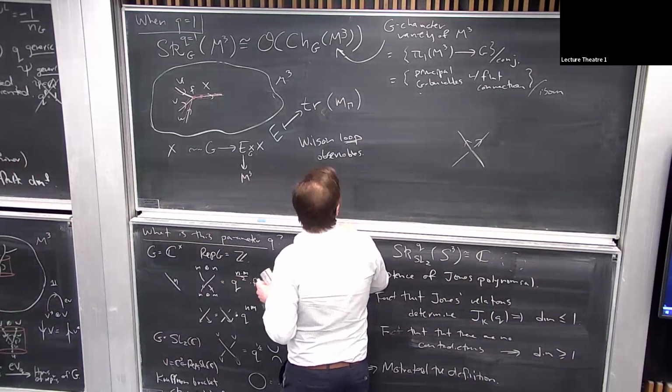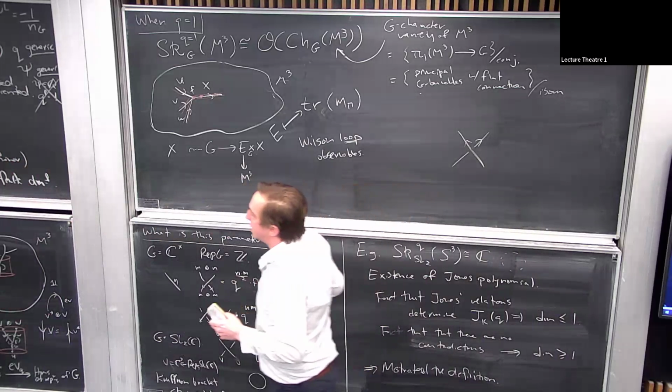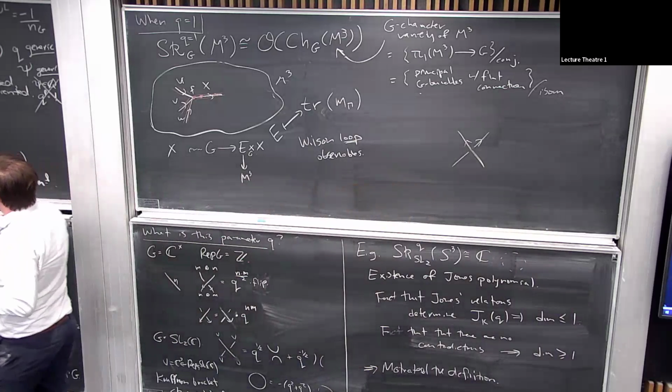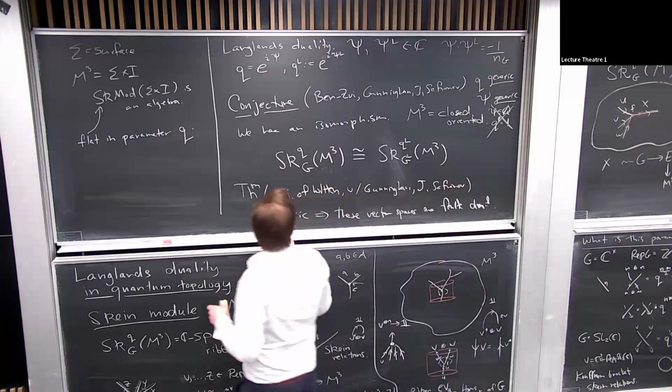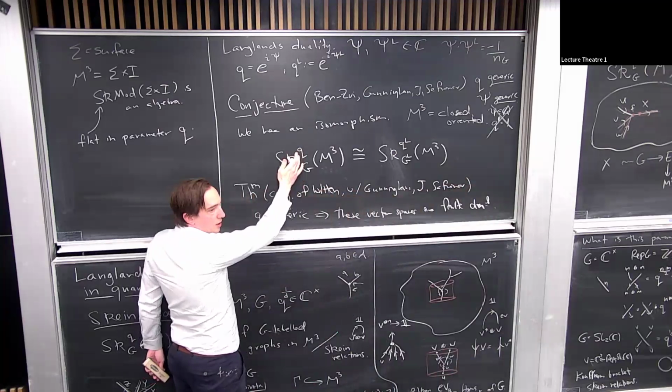Are they all the same dimension, for generic Q? They are all the same for generic Q. That's actually the way that we prove this. His question is, I've only asked that Q is generic here.